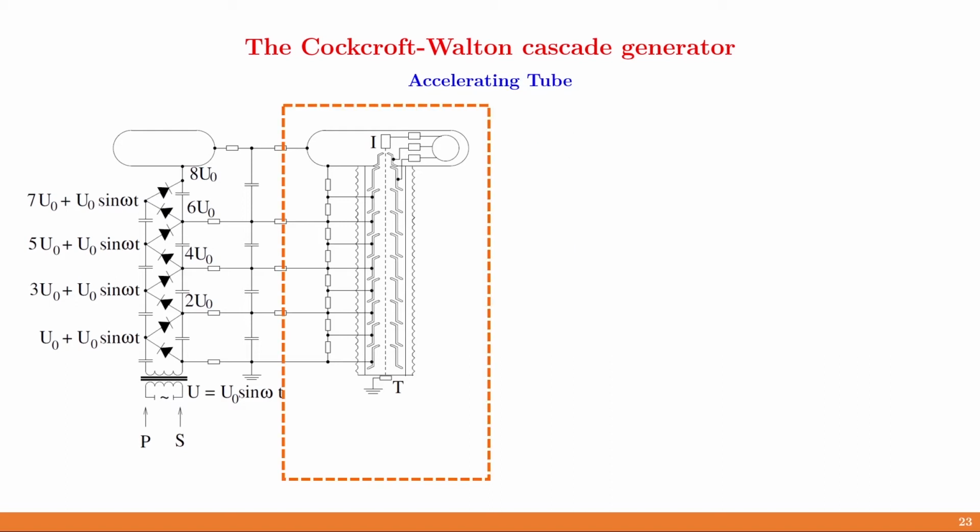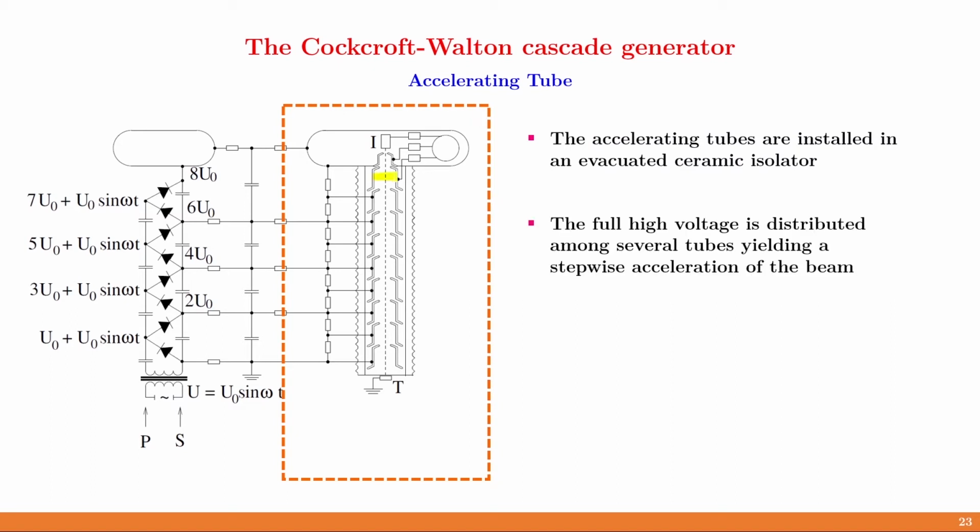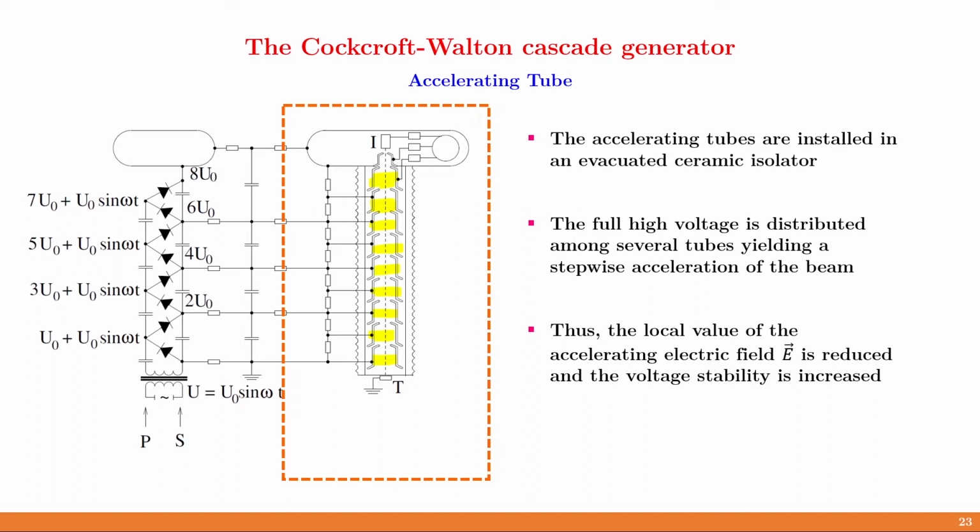We will now discuss the accelerating tube. The accelerating tubes are installed in an evacuated ceramic isolator. The full high voltage is distributed among several tubes, yielding a stepwise acceleration of the beam. Thus, the local value of the accelerating electric field E is reduced and voltage stability is increased.